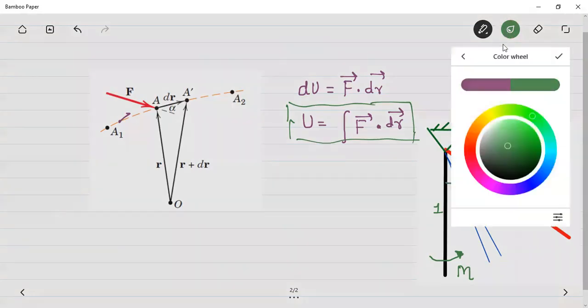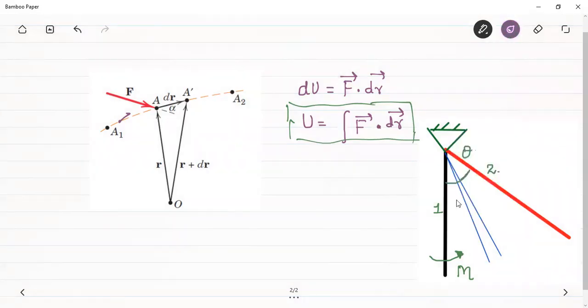We can calculate the work done for a small displacement. This will be d theta. So the work done by this moment during the small displacement from, suppose, position x dash to y dash, will be equal to m d theta.